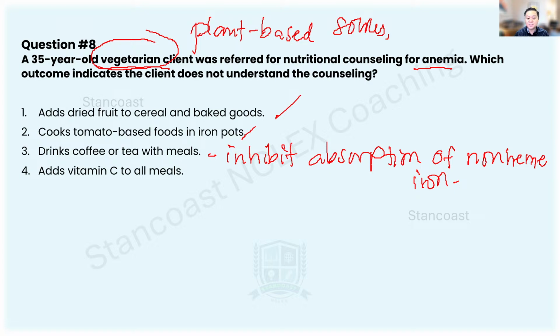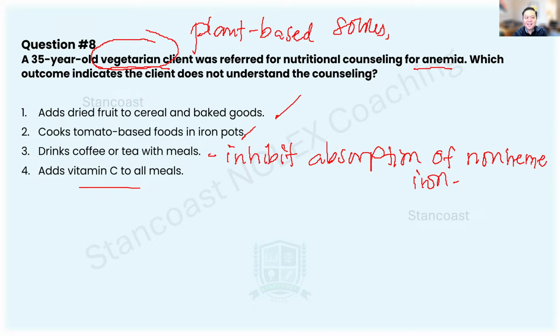Adds vitamin C to all meals. This is going to enhance the absorption of the non-heme iron from plant-based sources as well. There are corresponding doses that will not exceed the recommended dietary allowance as well.